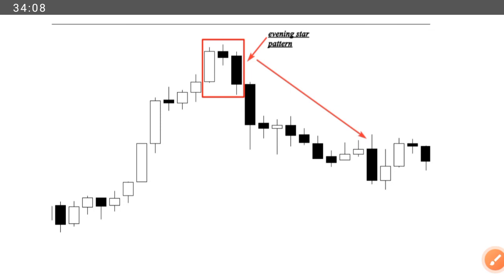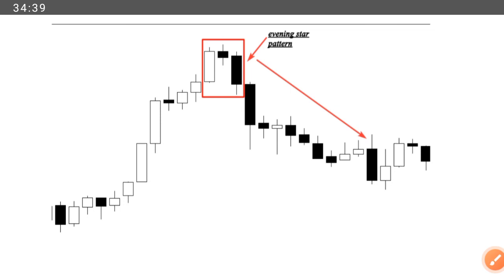It closed below the midpoint of the first candlestick. So that means a strong reversal is likely. And as you can see, what happened after that? Price went down.